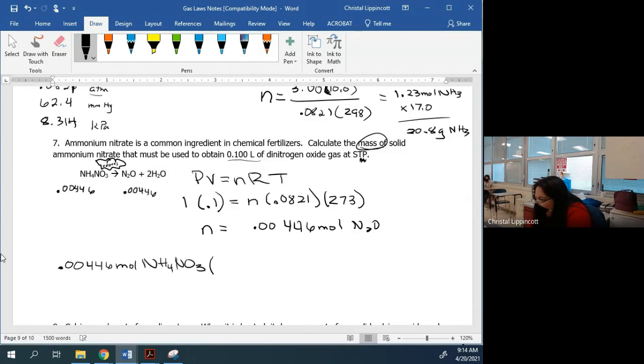0.00446 moles of NH4NO3. If I multiply that by the molar mass of NH4NO3, which is 28 and 4 and 48, so I got 80 for the molar mass for that guy.